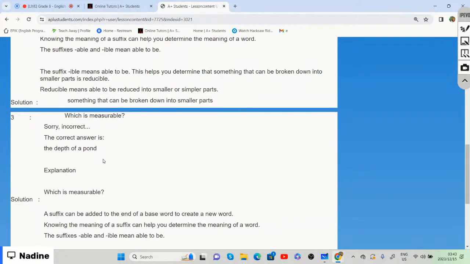And measurable, what is measurable? Remember, something that is measurable is what you can measure, right?